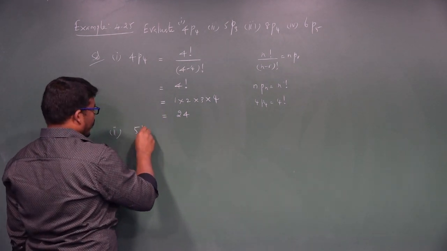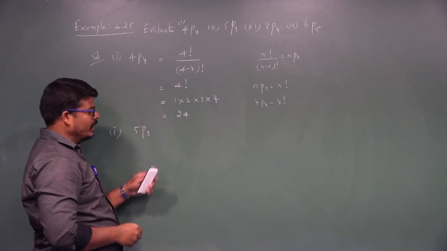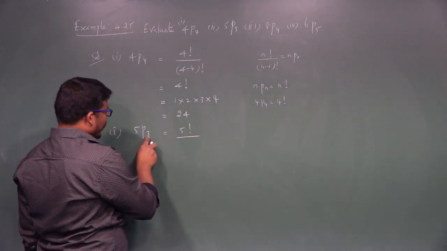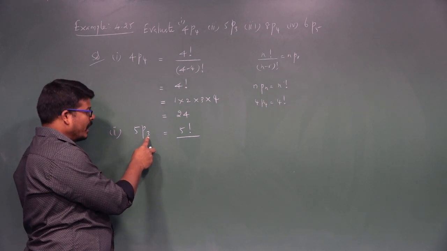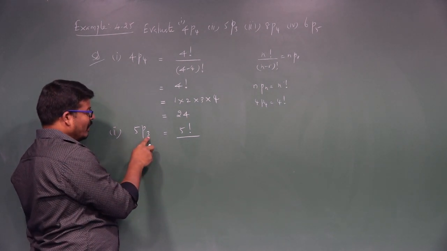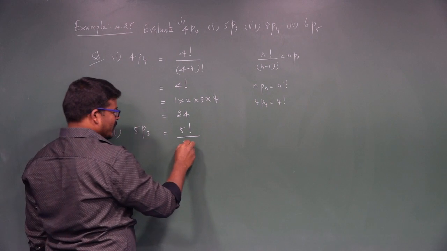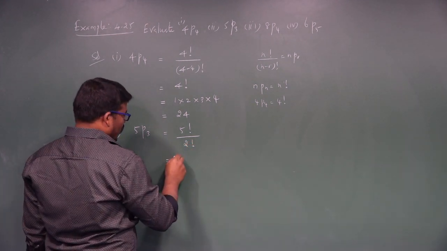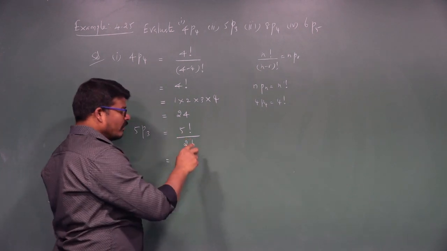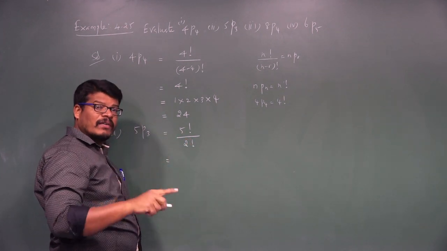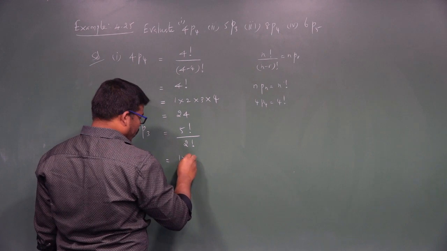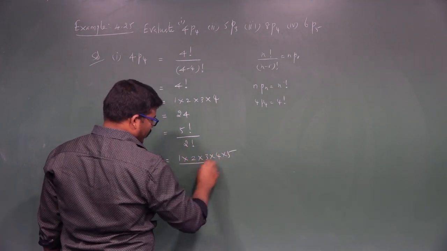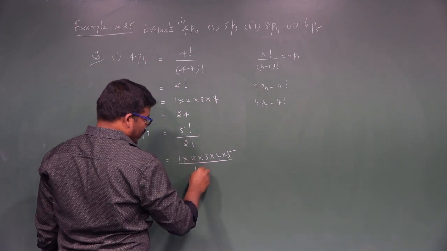5P3. Here the n value is 5, so 5 factorial by n minus r factorial. The n value is 5, the r value is 3. 5 minus 3 is 2 factorial. Now 5 factorial is the product of 5 natural numbers: 1 into 2 into 3 into 4 into 5 by 2 factorial, which is 1 into 2.